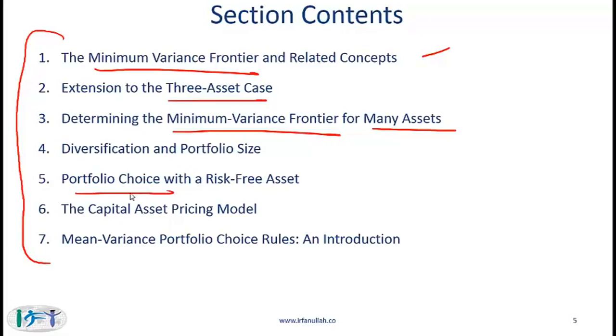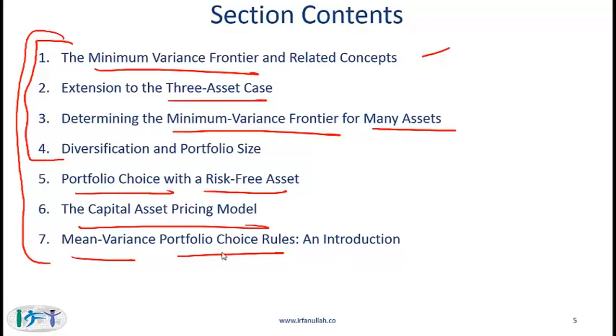Then we'll talk about portfolio choice when we introduce a risk-free asset. In sections 1 through 4, we are only considering risky assets. Then we talk about the capital asset pricing model, and finally, we talk about mean variance portfolio choice rules. And this is a very introductory segment. This material is covered in more detail at Level 3.